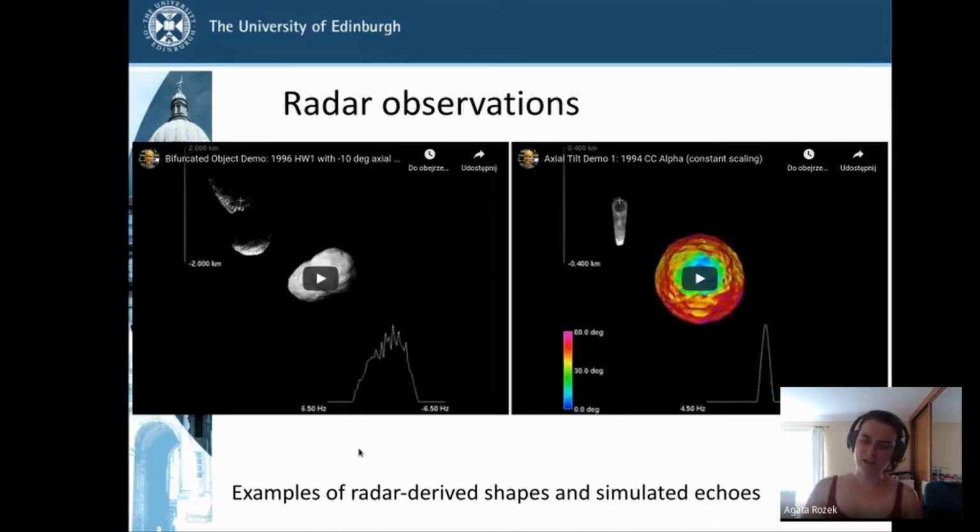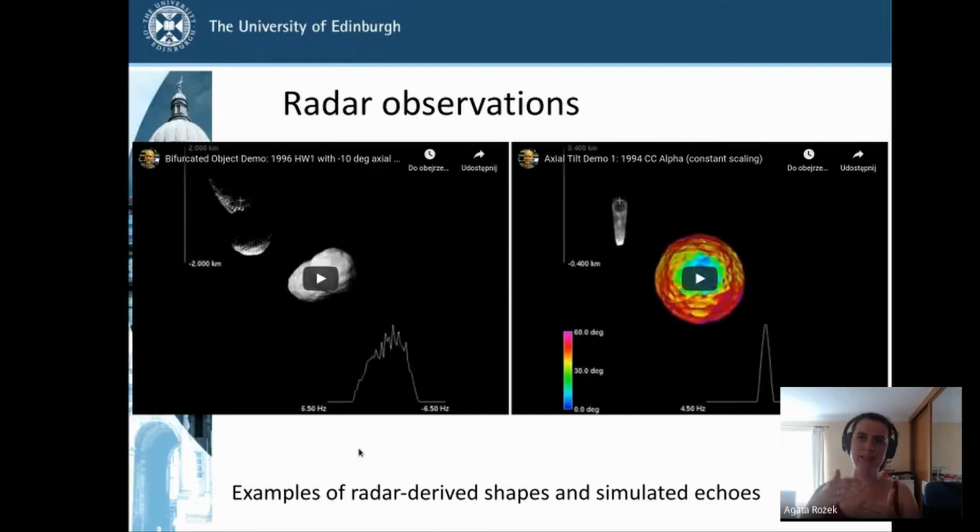In radar images, we also have 2 dimensions, but it's a bit different. So what we see on one axis is the delay of the signal. So the distance, the delay is linked to the distance the light has to travel from the telescope to the object and back to the observer.